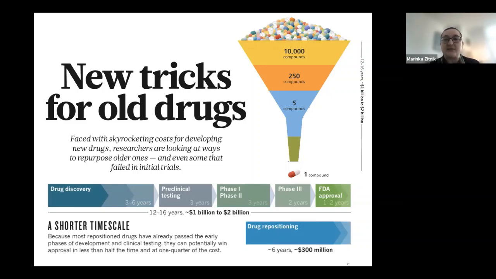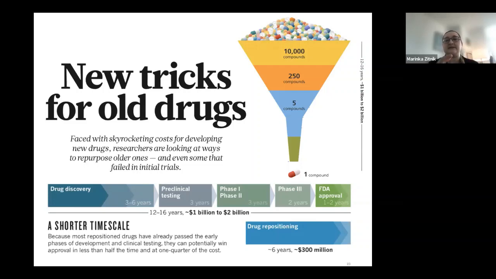The reason this is the case is that the entire process is very laborious and has a high failure rate, where in the early phases of the process, a large number of compounds and candidate drugs are tested, and that can go into thousands of compounds that need to be tested for their efficacy and safety.